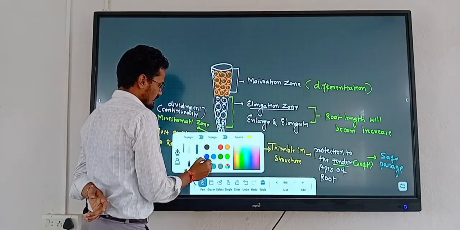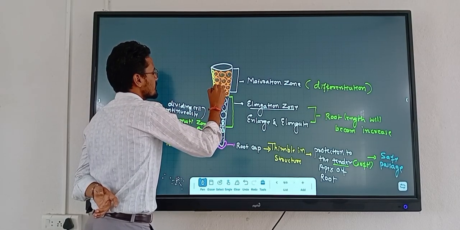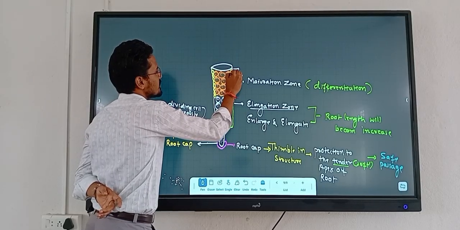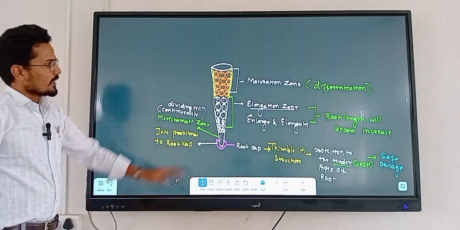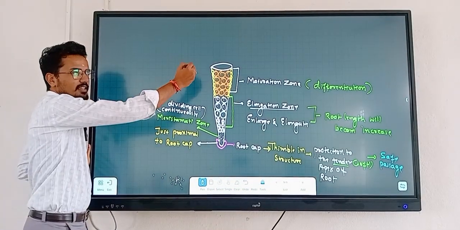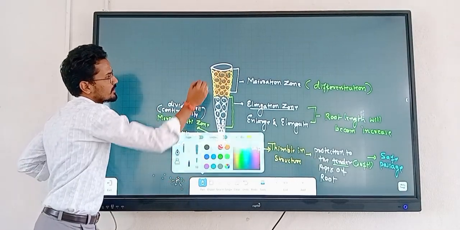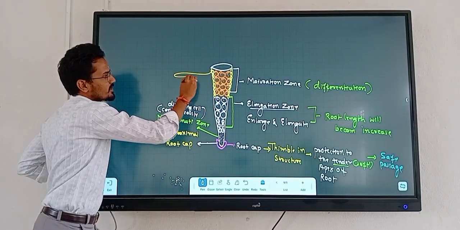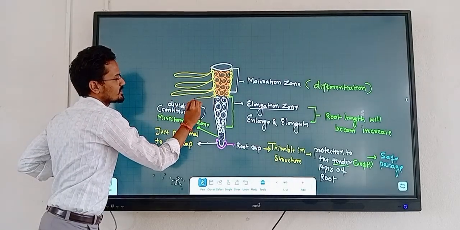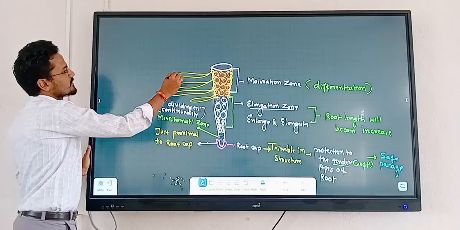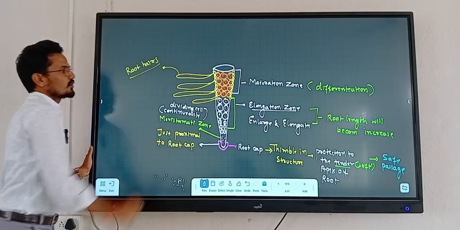In the maturation zone, among the epidermal cells, not all cells, randomly some cells elongate themselves and form an elongated structure. Those are called root hairs.